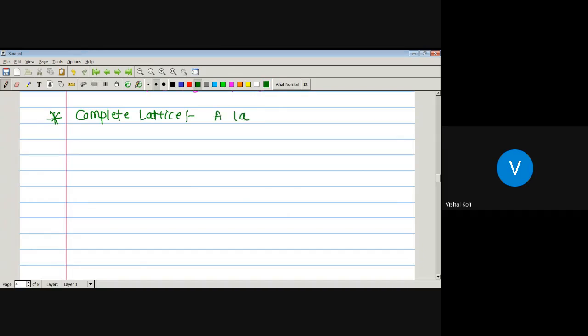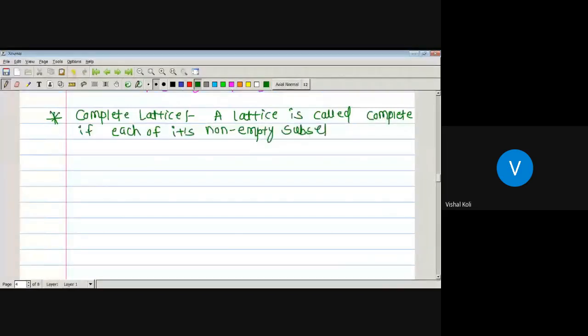A lattice is called complete if it has a least upper bound and greatest lower bound.